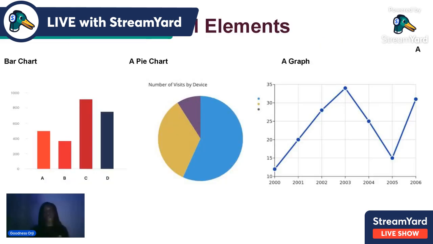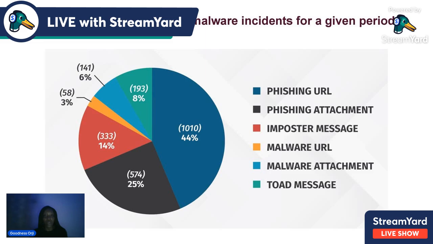And I already talked about these visual elements, just like we can see examples. These are various elements you can include in your reports and presentations, right? For instance, this is the example I gave, where you have a trend of phishing or malware incidents within a given period.